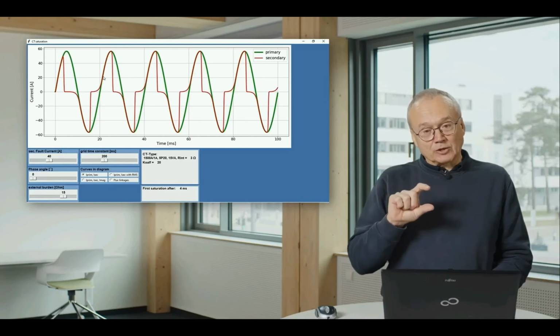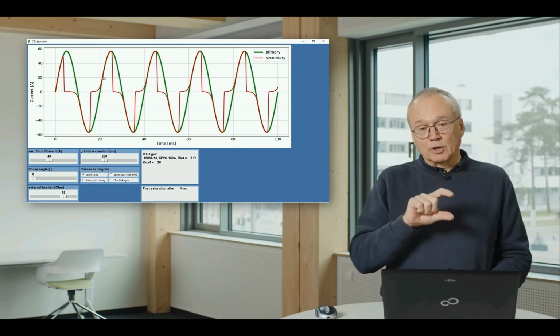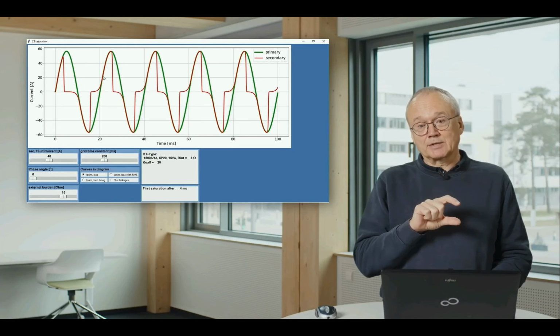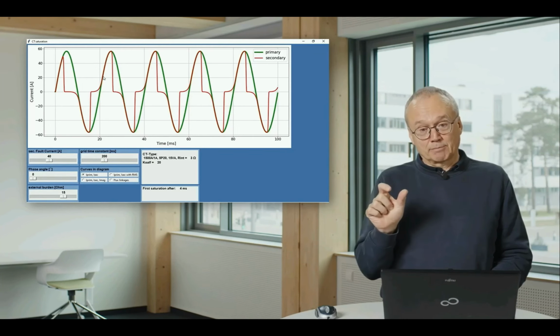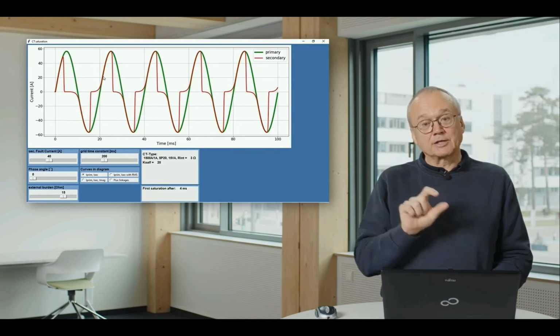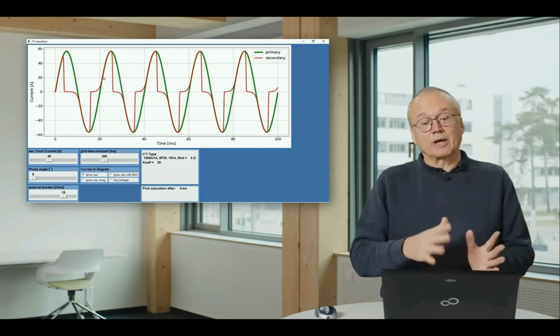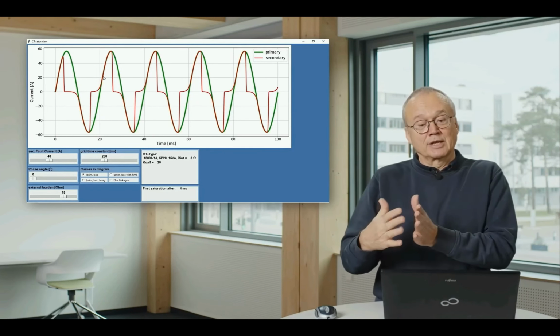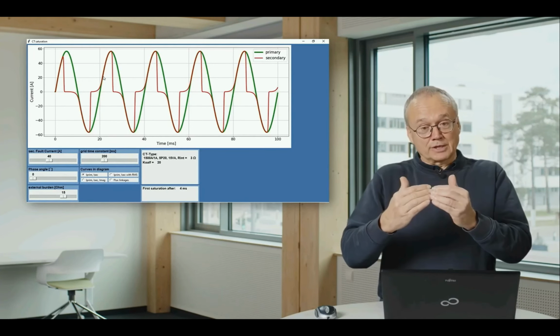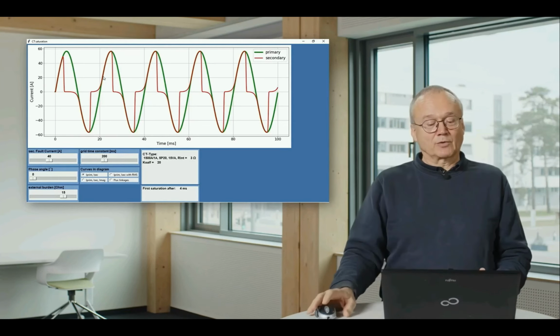Remember, the saturation is defined by the voltage across the magnetizing reactance, which is the product of current multiplied with resistance. So I have now increased the current. That increases the voltage, and that drives us into saturation.